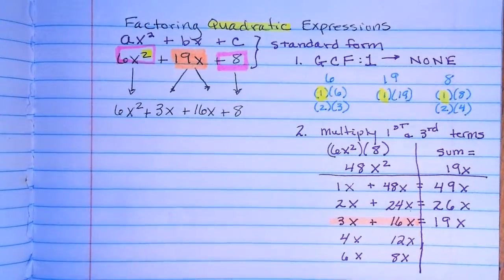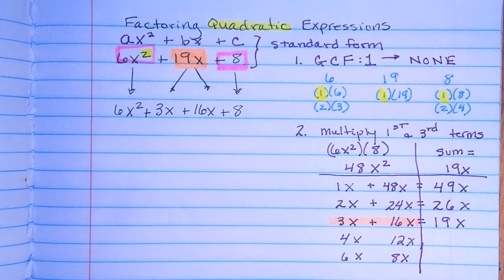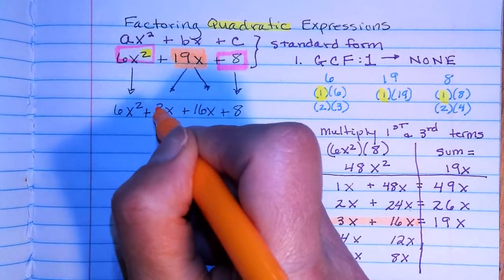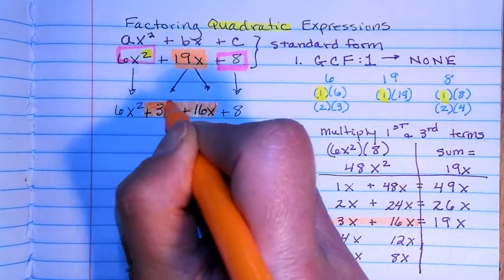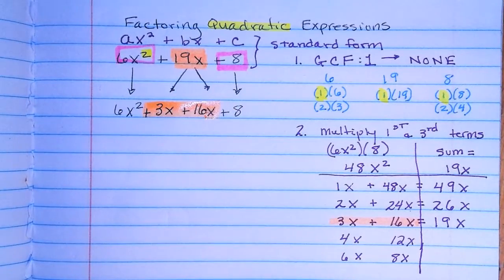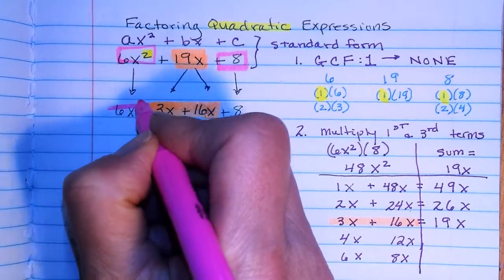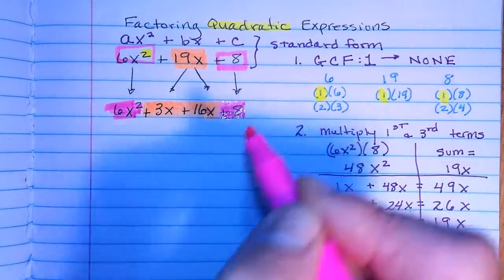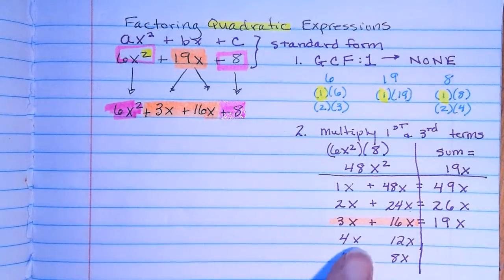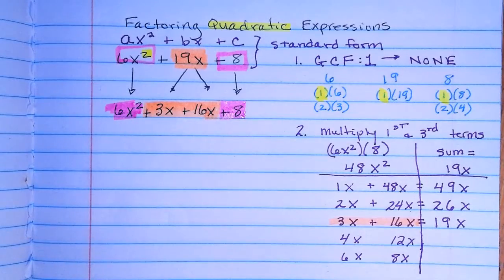Now I'm going to color code this. This 3x plus 16x is the same as the 19. The 6x squared was brought down in the front, and the plus 8 was brought down in the back.